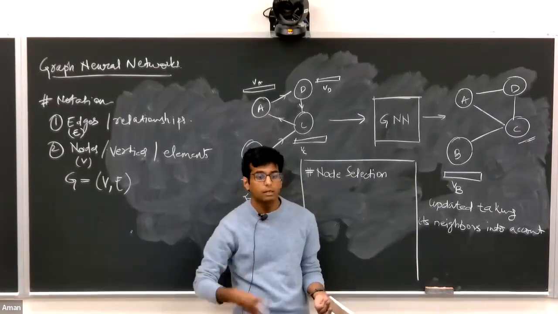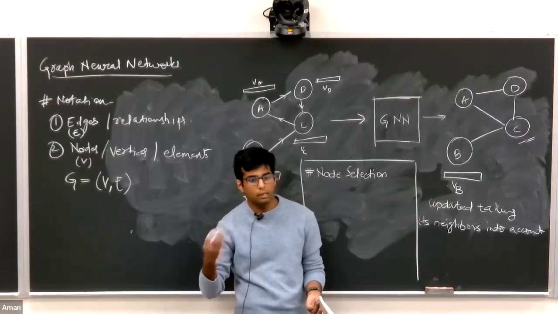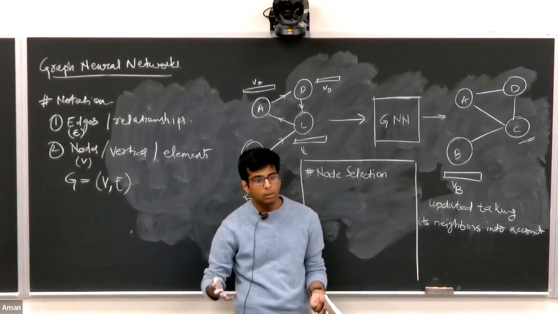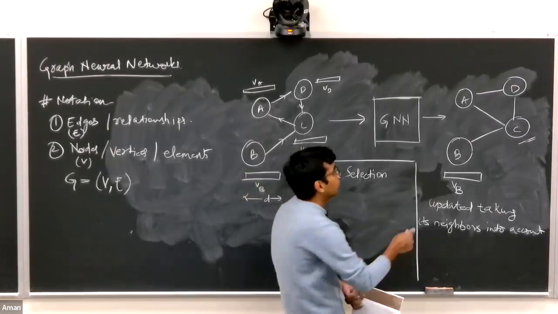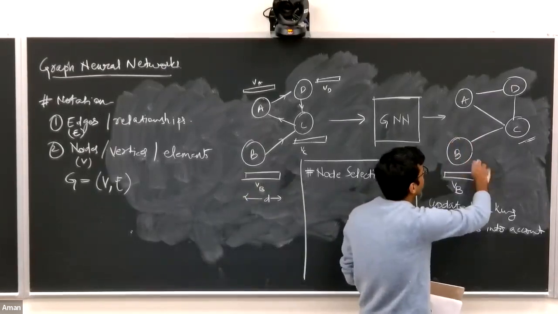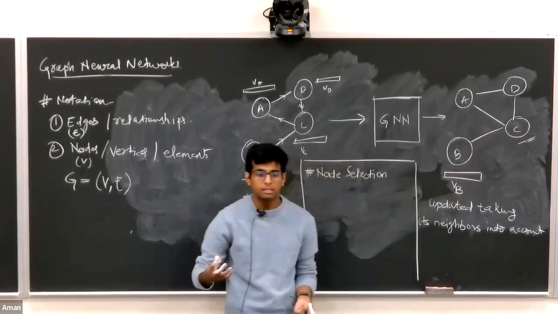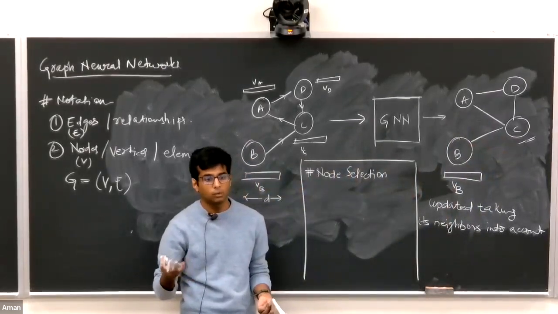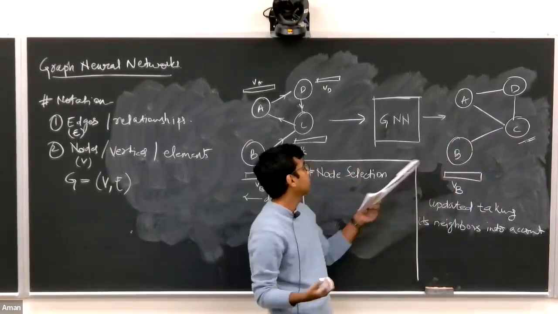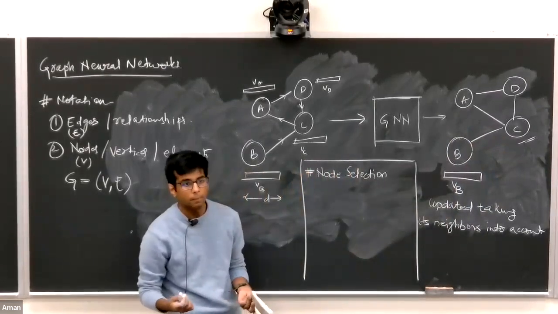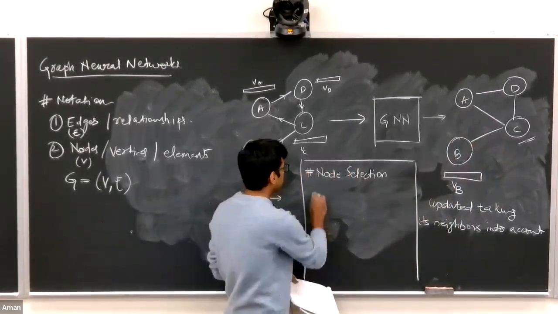So what you do is you keep updating the nodes again and again using a graph neural network algorithm, and eventually, once all of the nodes are updated, you check which node has the highest value based on a certain metric that you design, and that gives you what node to select, right? So that's node selection.